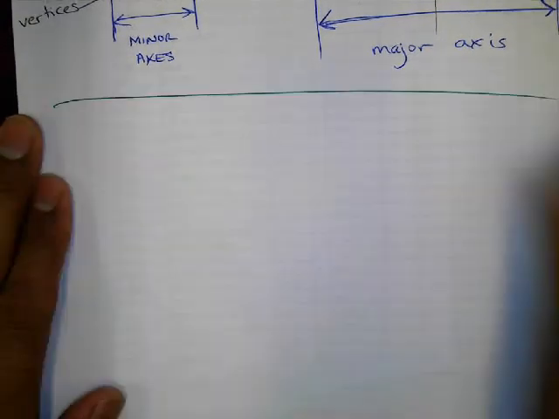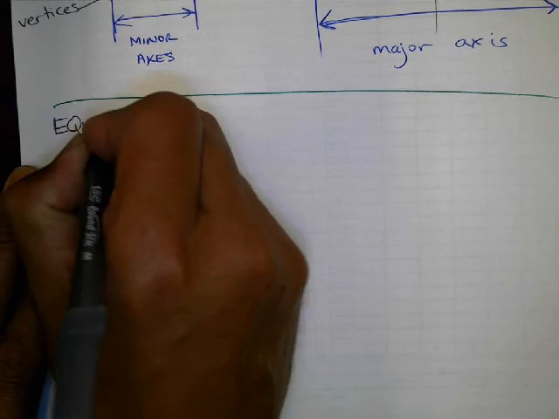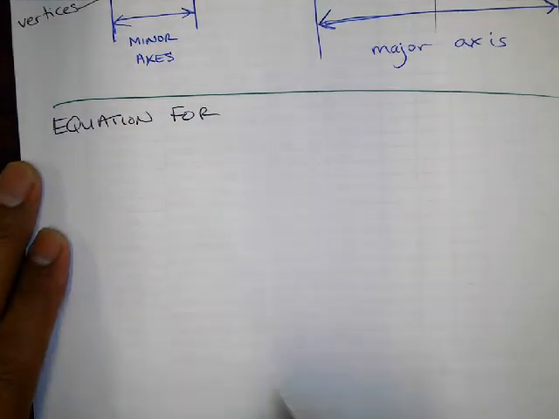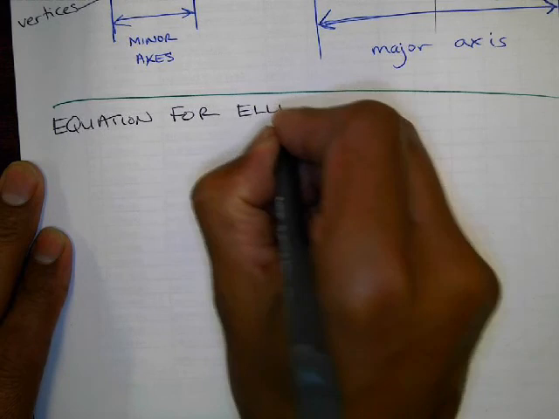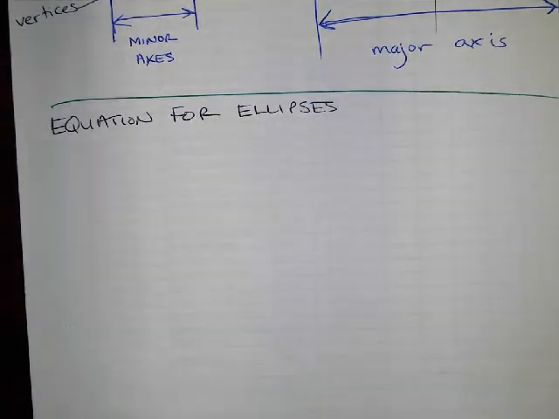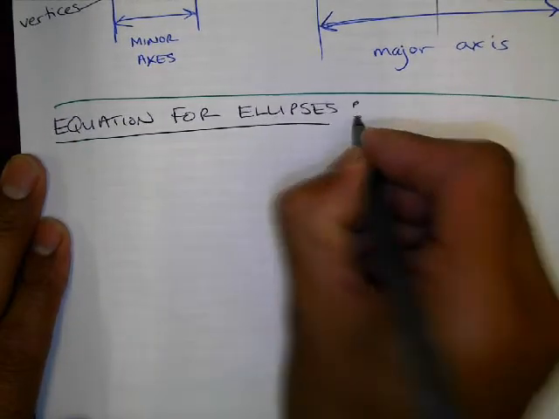The equation for an ellipse. Now, we're not going to use the whole equation in a sense, so here it is.